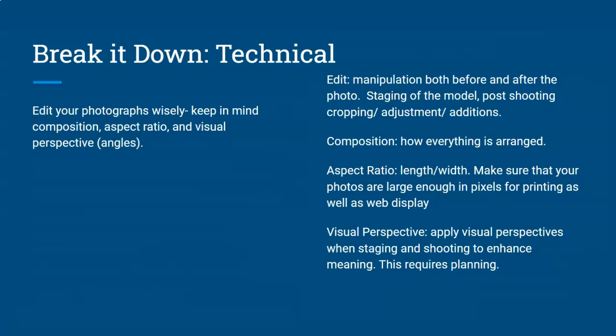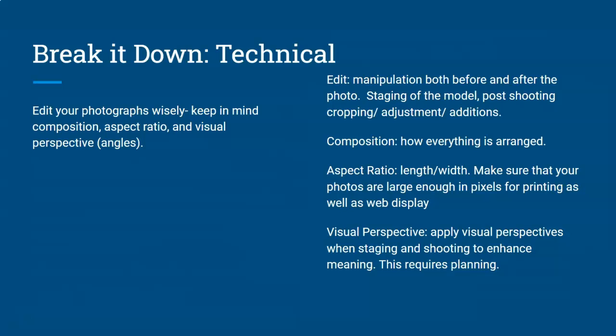Okay. Your composition is how everything is arranged, and we'll talk about that during photography week. How you use the compositional aids on your camera and editing programs to make your composition tighter, what a good composition looks like. Your aspect ratio is your length to width, or the resolution of your pictures on the camera.